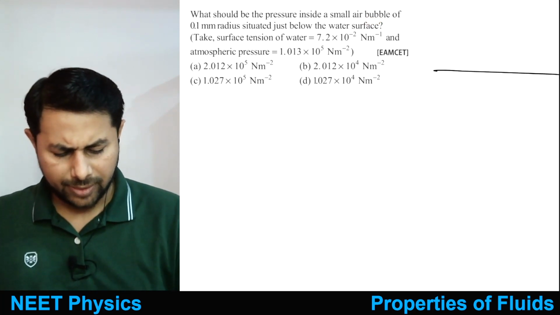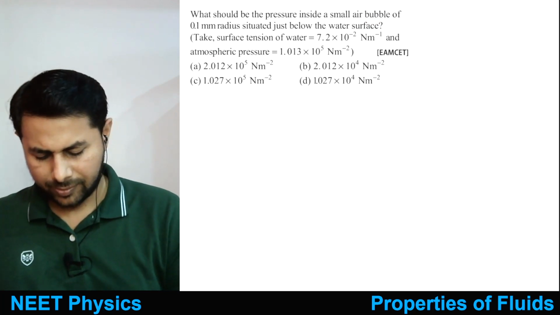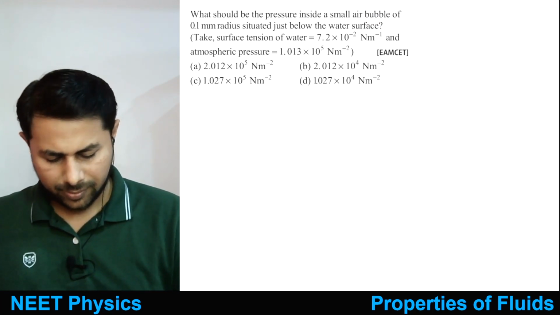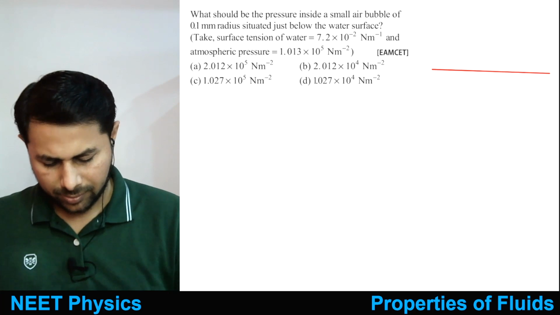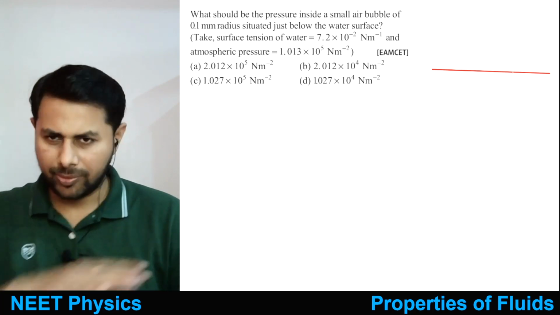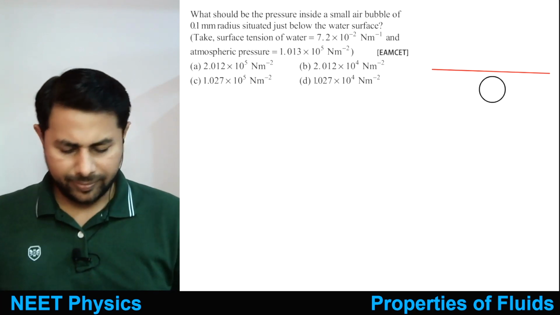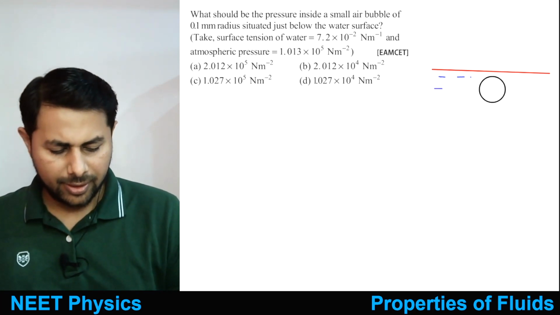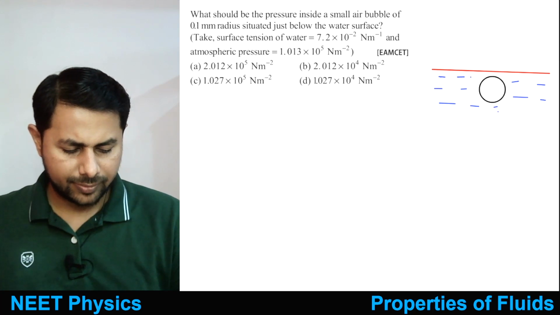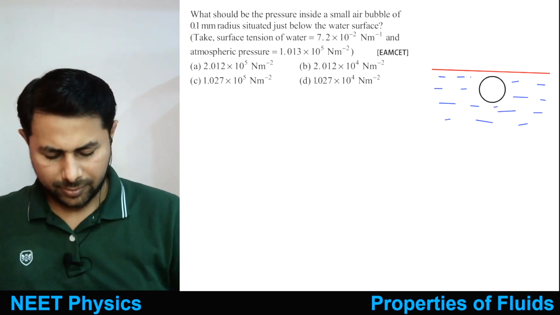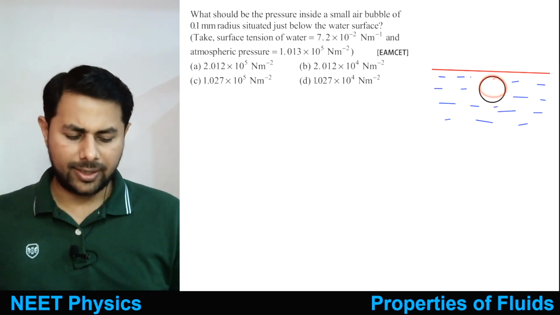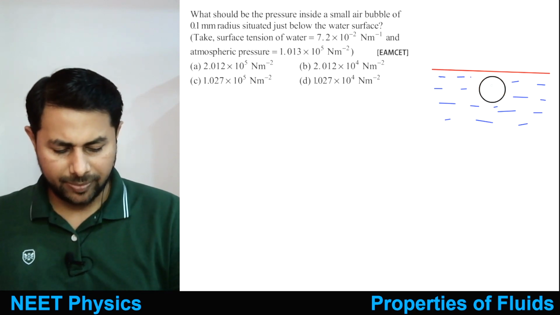This is the water surface, suppose, and it will be flat. This is your air bubble, so outside there is water and inside of this bubble there is air. What will be the pressure difference here?